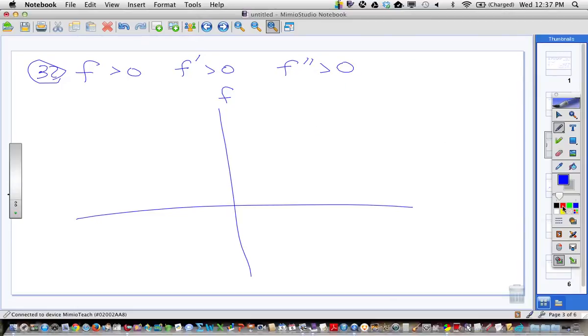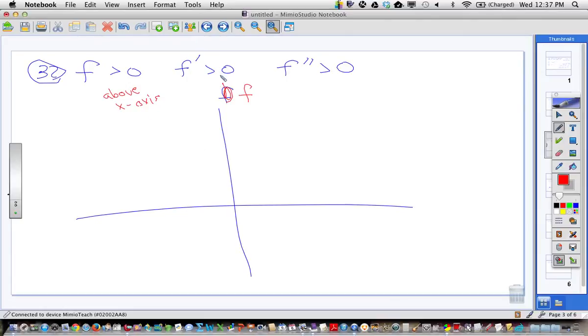All right, so what does F greater than 0 mean? Positive. What's F positive mean? Above the x-axis. So I need a graph that's above the x-axis.